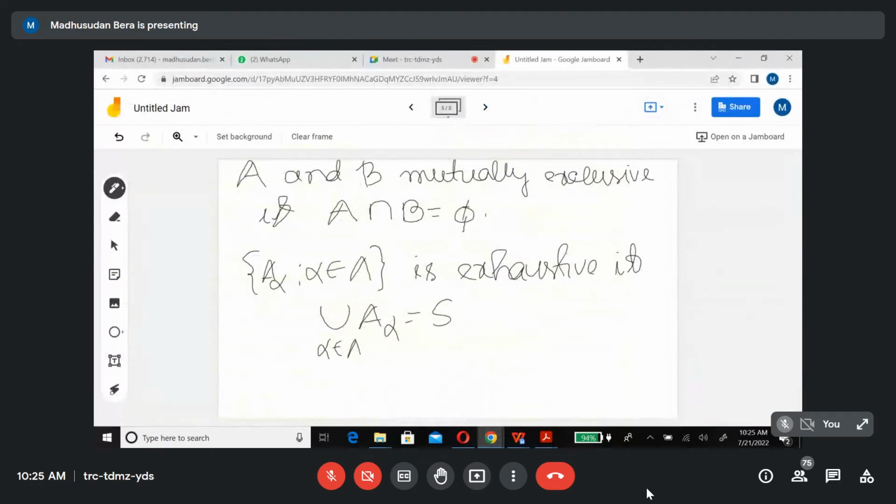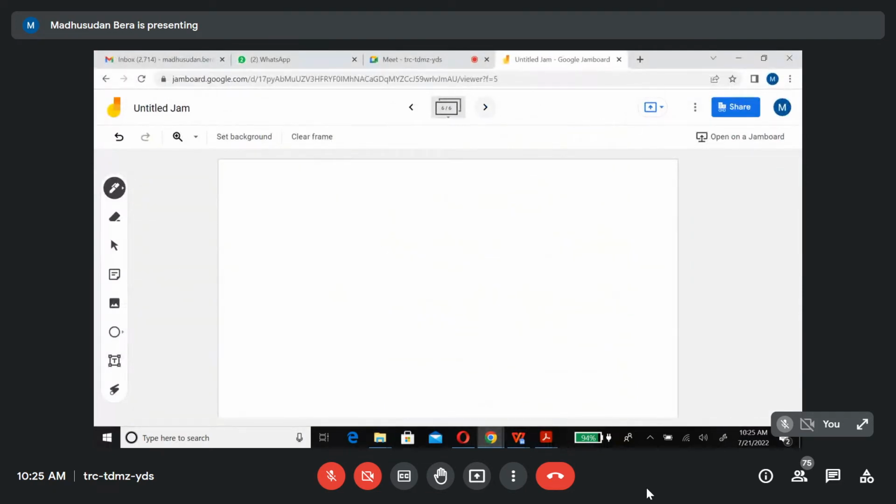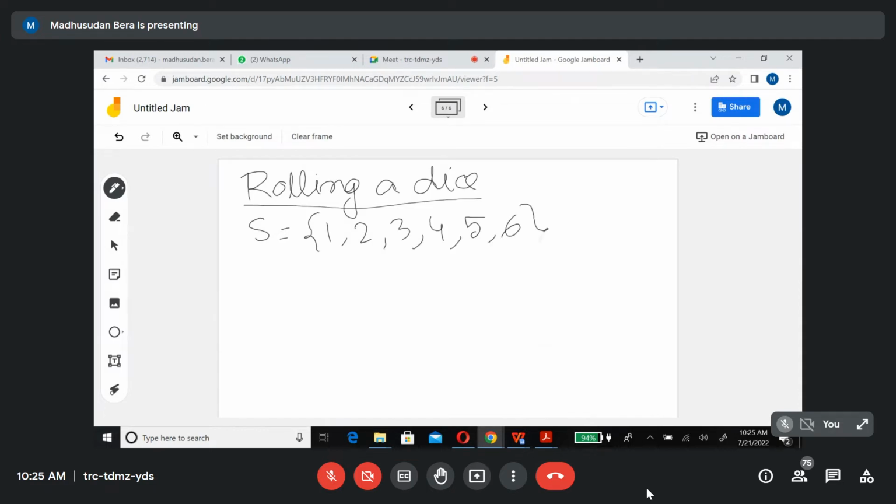Rolling a dice. Suppose we are taking, so what is the sample space? S is {1, 2, 3, 4, 5, 6}.